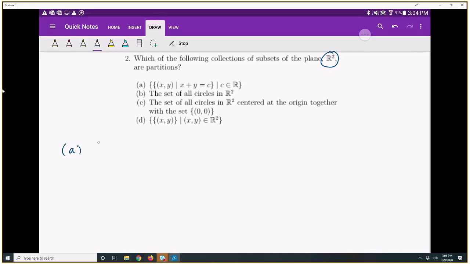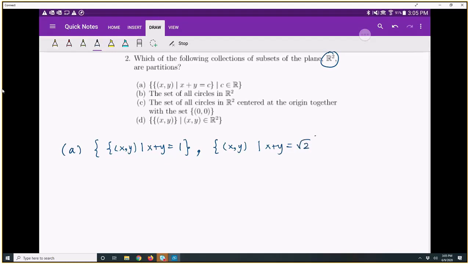So some examples would be the set of ordered pairs x comma y such that x plus y equals 1. That's a set in this collection. Or the set of ordered pairs x comma y such that x plus y equals the square root of 2.